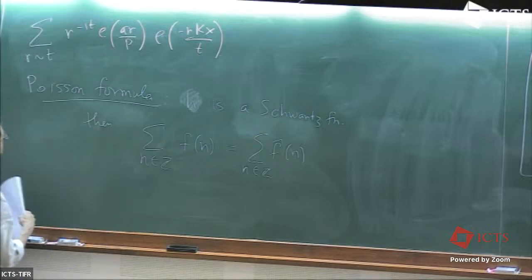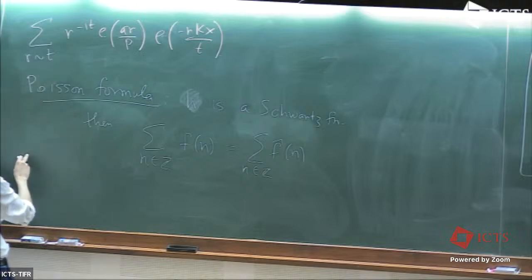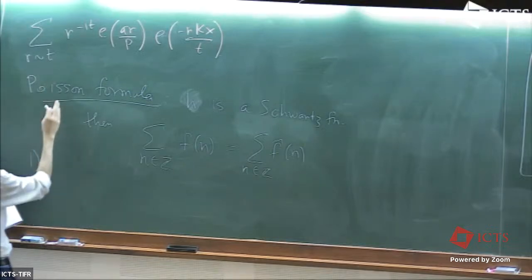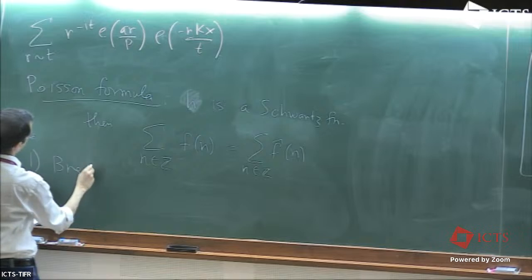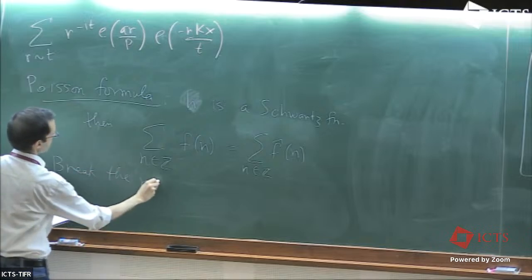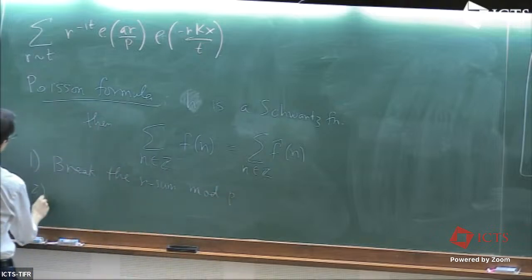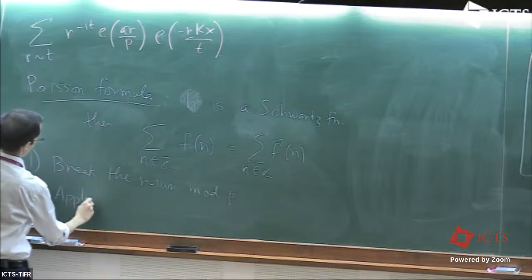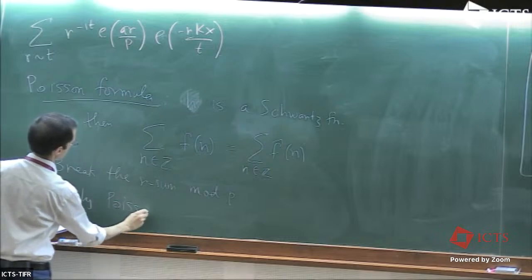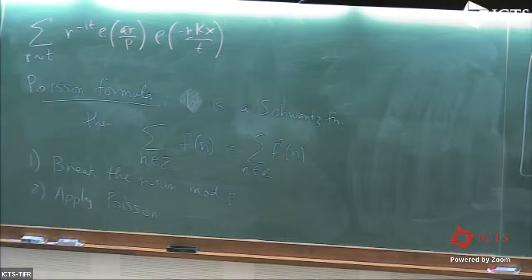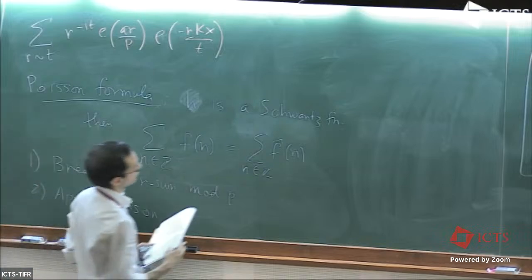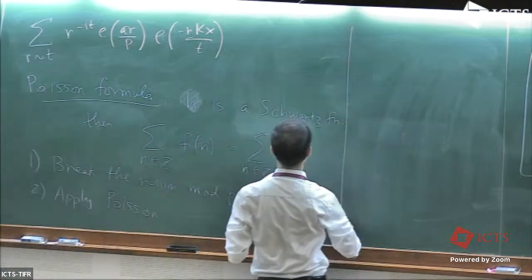So what we'll do is, in order to apply a Poisson summation formula, we're going to do two steps. First, we're going to break the R sum mod p. And then we are going to apply Poisson. Breaking the R sum modulo p means just break it modulo classes.